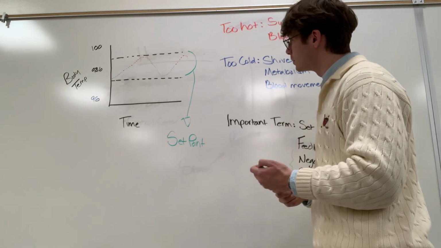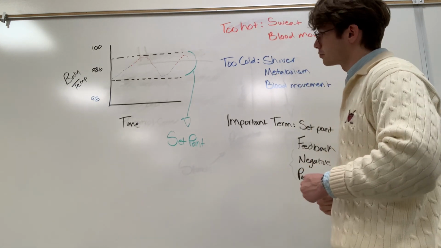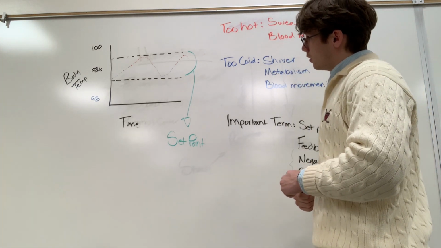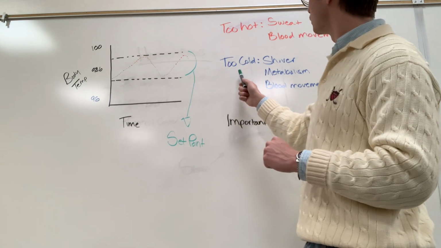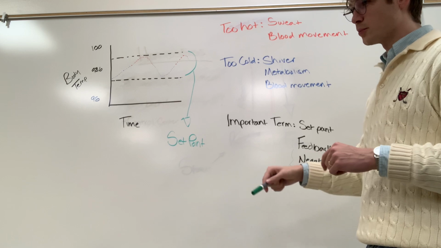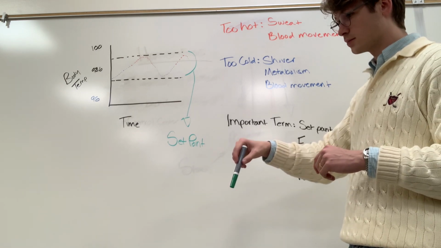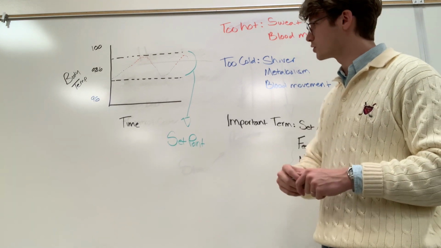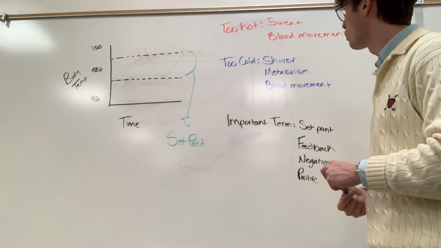And what's happening is, let's say it's too cold. So what's going to happen is those receptors sensing that, telling it to the control center and back down to the effector.